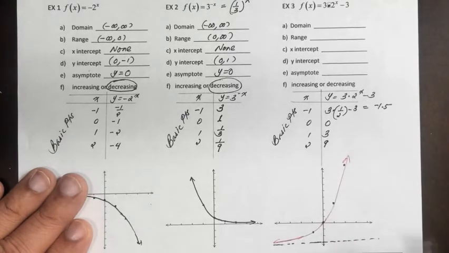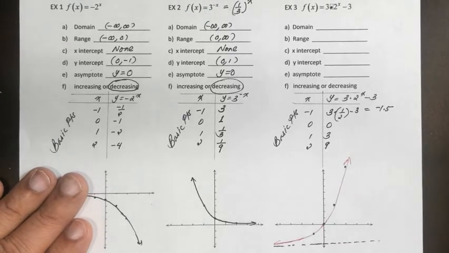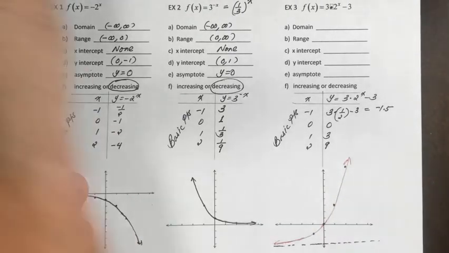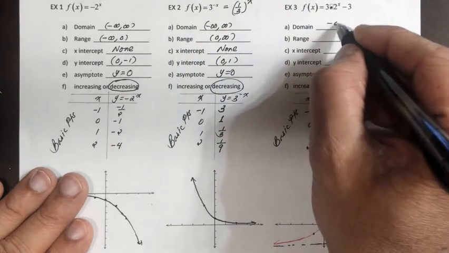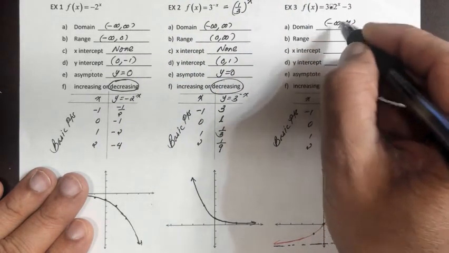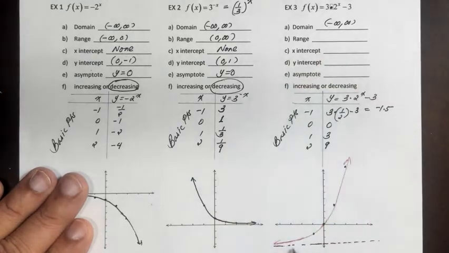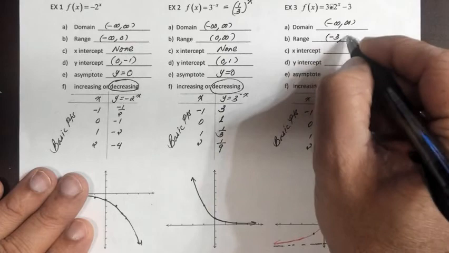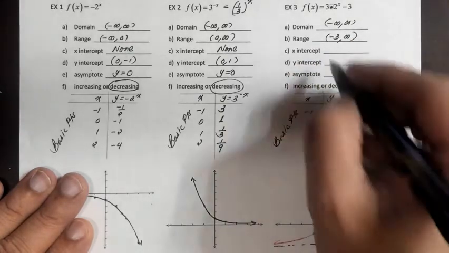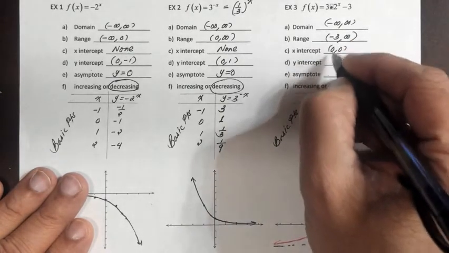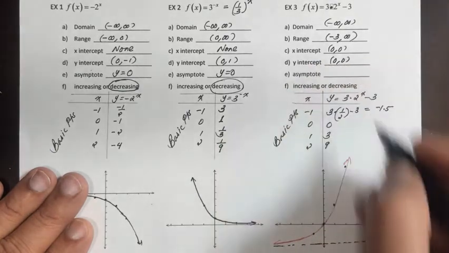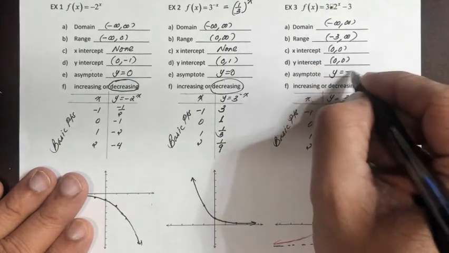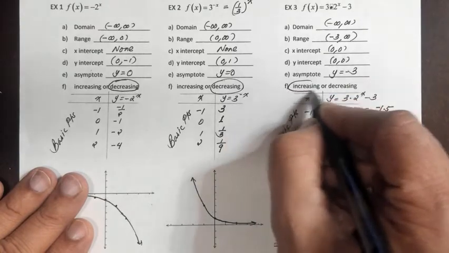That's going to be our function. Attributes: domain, same, -infinity to +infinity. Range is starting at -3, so it's going to be -3 to +infinity. The x-intercept is 0, 0, same thing for x and y, because it is passing through the origin. Asymptote is y equals -3. Definitely this is an increasing function.